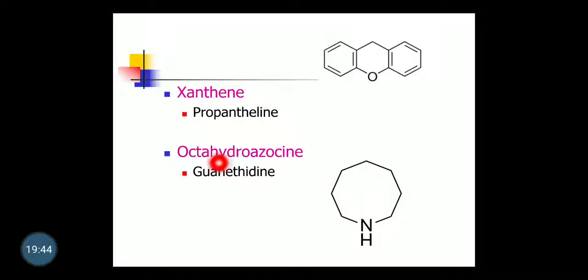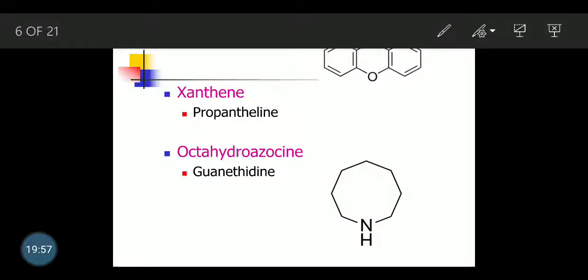If it is only azocine, then there will be 4 alternate double bonds. I'll show you how it looks with only azocine: there will be no added hydrogens, and 4 alternate double bonds will be there like this. So this becomes only azocine.